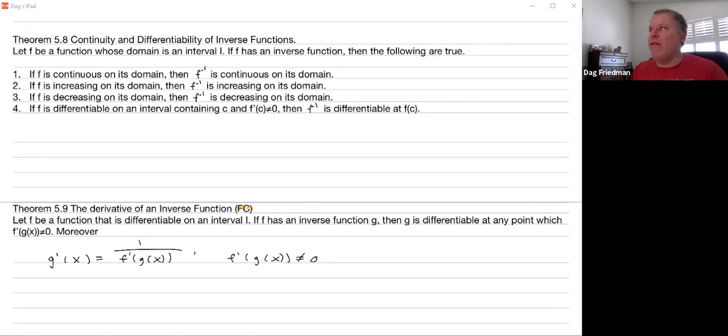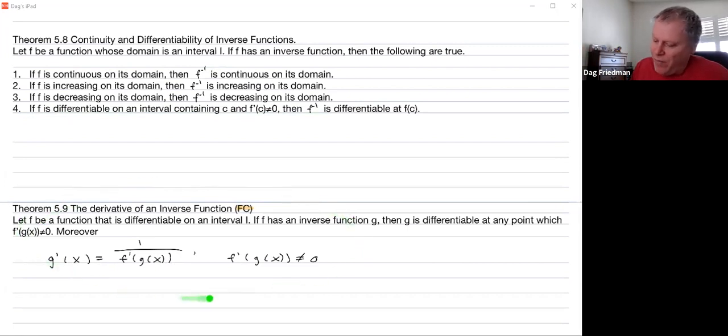If the original function is increasing, then the inverse function is increasing, and vice versa. Decreasing, then the inverse is decreasing. And the big part is that if it's differentiable on the interval containing c, then the inverse is differentiable at c.